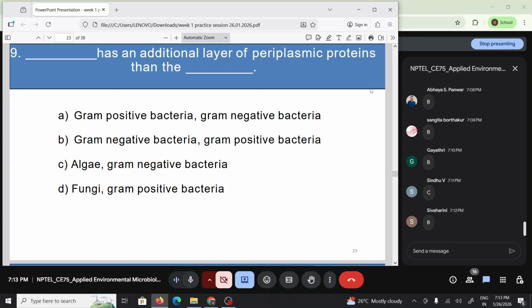Any answer for what is a periplasm and what are periplasmic proteins?